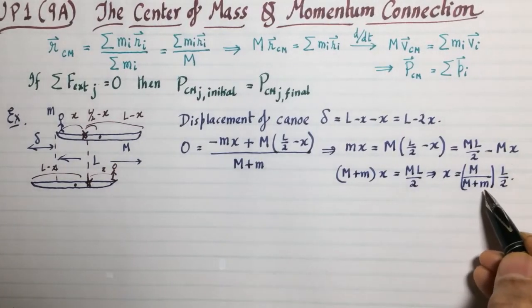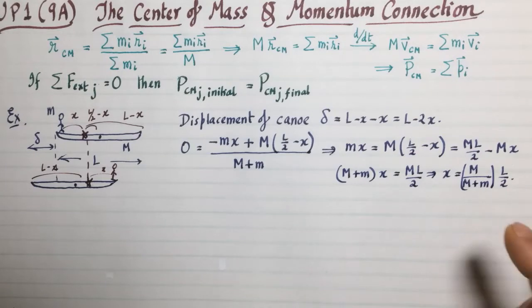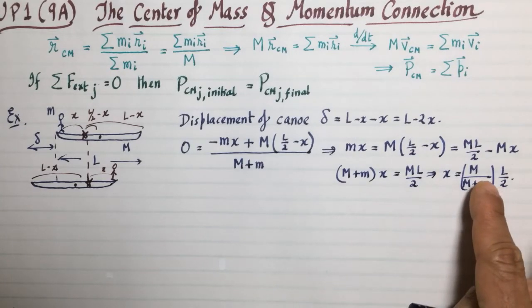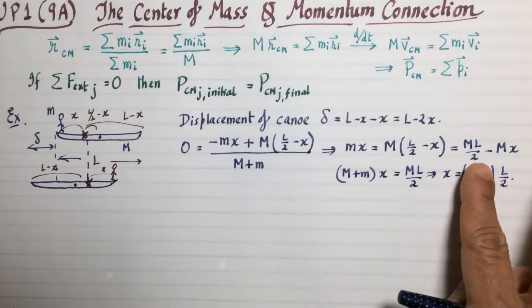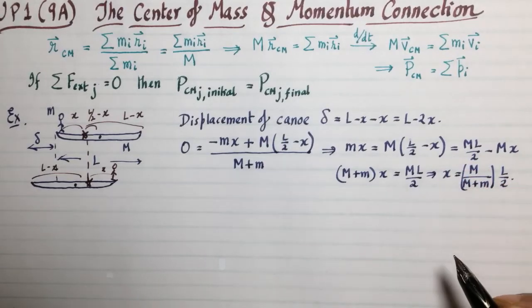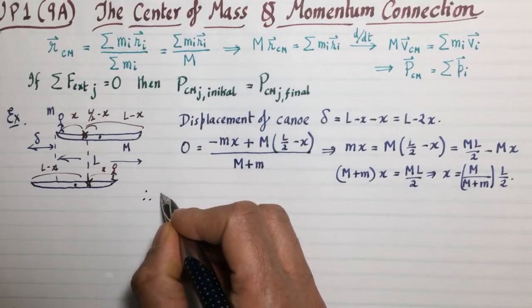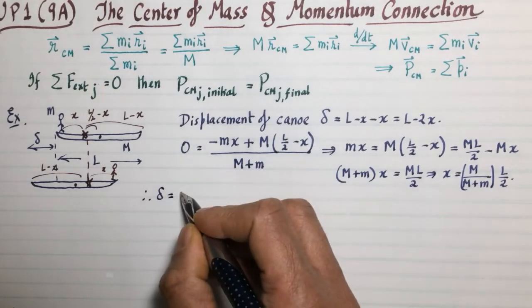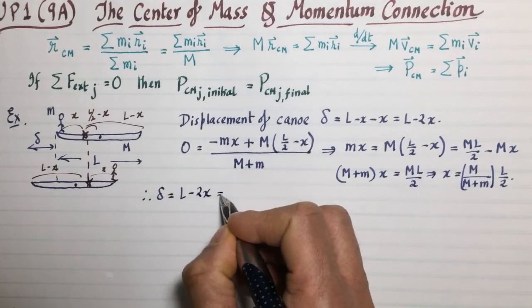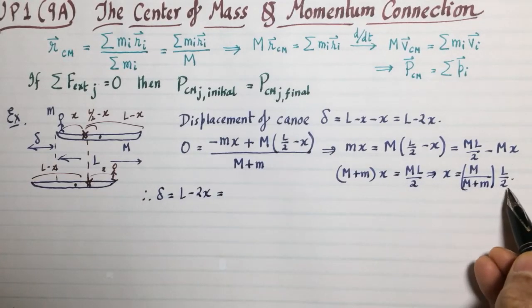If the person is extremely light, then little m is nearly 0, so capital M over capital M will cancel out, and you get the center of mass located exactly in the middle of the canoe, as it should be. So that looks good. All right, now the canoe movement delta is equal to L minus 2x. If I do L minus 2x, I get rid of that 2.